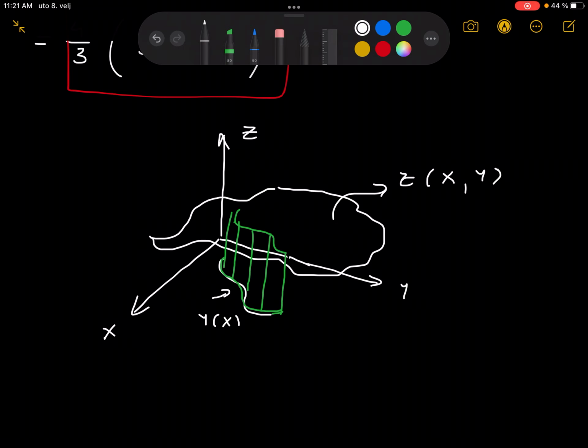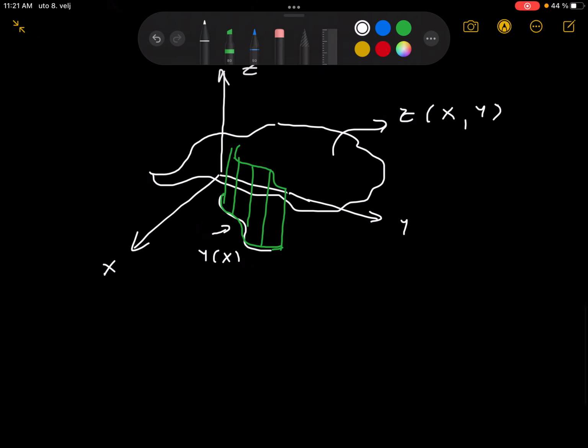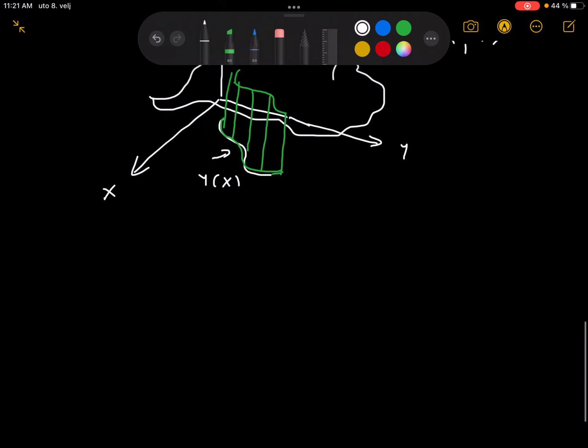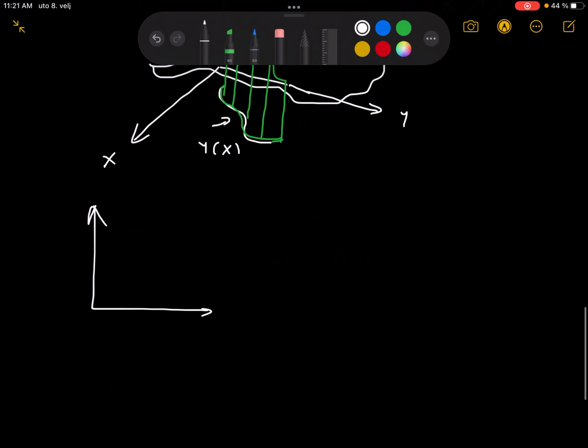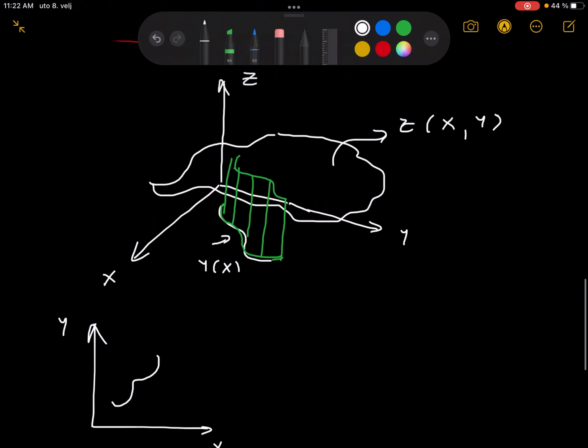So when we look at the xy plane from the top, we can see that it's going to be something like a weird 3. Okay, so this is the x-axis and this is the y-axis. How are we going to compute the surface of this part?